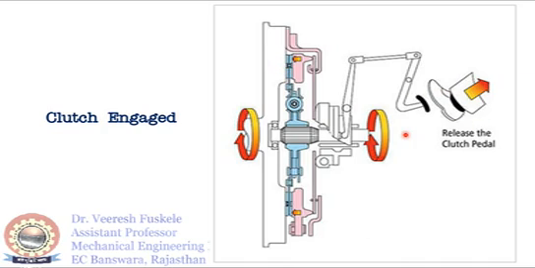The wheels, the gearbox shaft and the clutch are going to be stationary initially, while the engine is going to be rotating at some speed. So there is some differential between the two, and that needs to be overcome.